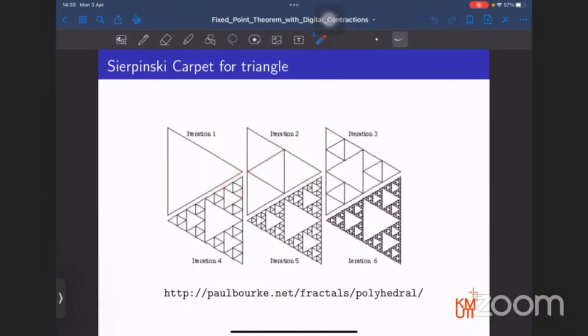And you can see the number of triangles will increase and increase, right? So if you do it on the pixels of a picture, you can add a lot of detail to it.